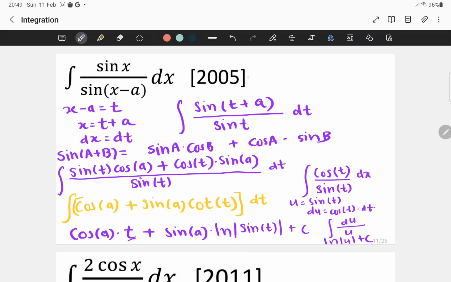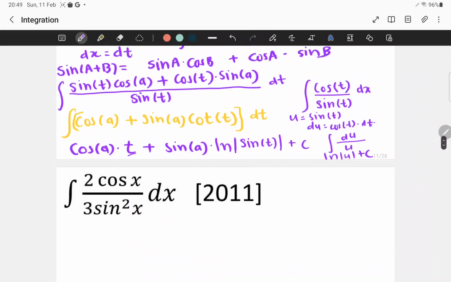So that will give us the final answer: cos a into t, which is x minus a, plus sin a natural log. Sometimes in some books they write natural log just as log, of sin of (x minus a) bracket complete, plus c.